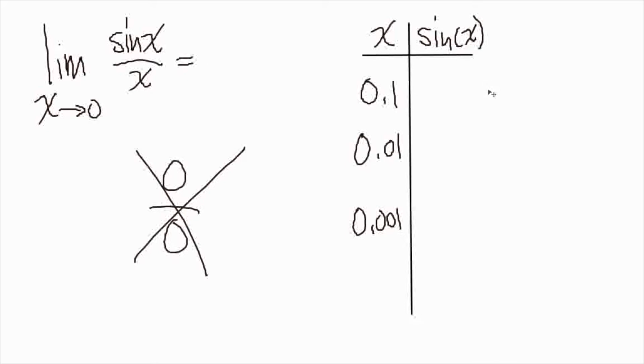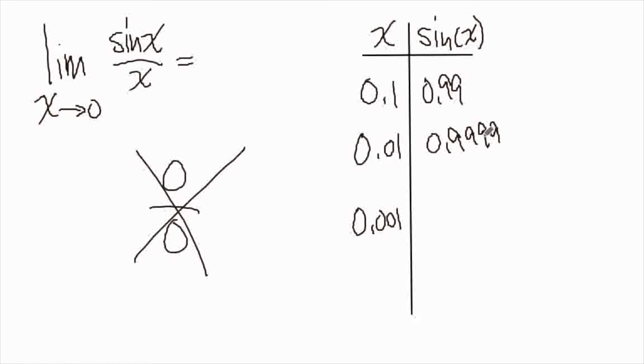Okay, so the sine of 0.1 divided by 0.1 gives 0.99. Now let's go back and do sine of 0.01 divided by 0.01, and that gives 0.9999.